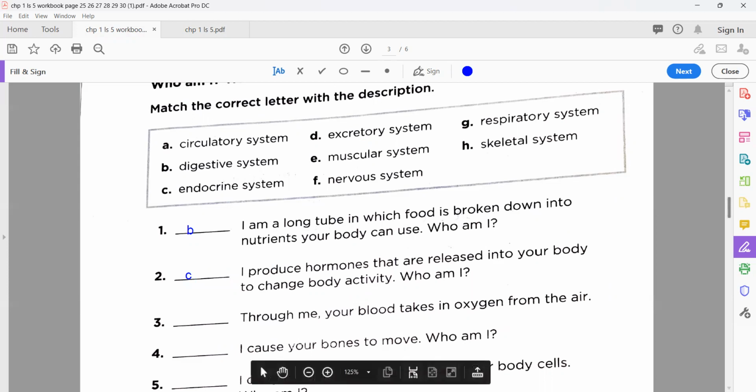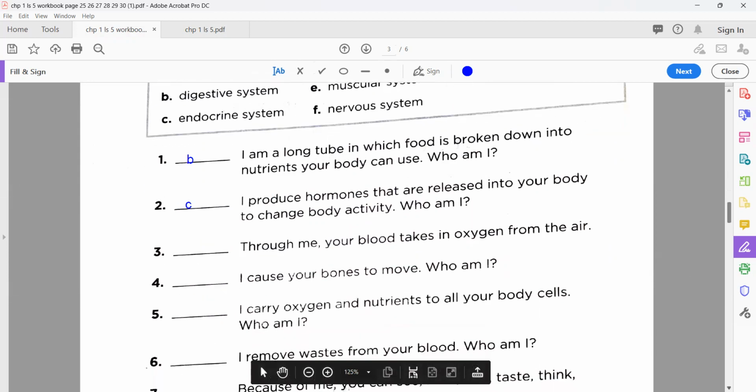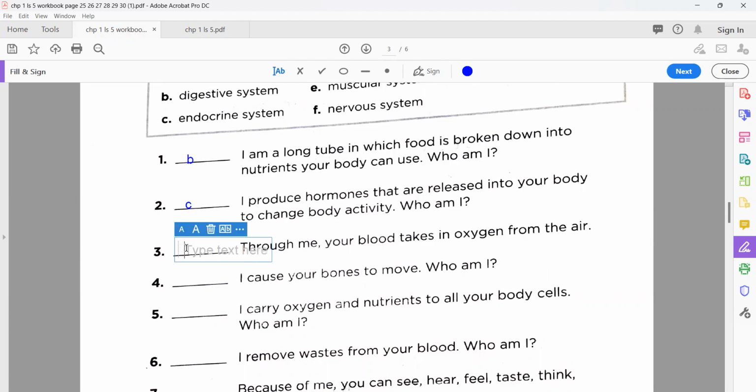Now, number 3. Through me, your blood takes in oxygen from the air. This one is very simple. Yes, respiratory system. The best option is G. Number 4. I cause your bones to move. You know very well, you can try to move your legs and arms.